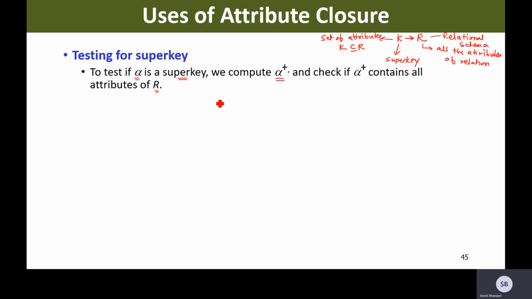If no, then alpha is not a super key. So this is the first use of attribute closure, to test for the super keys of the relation, right?